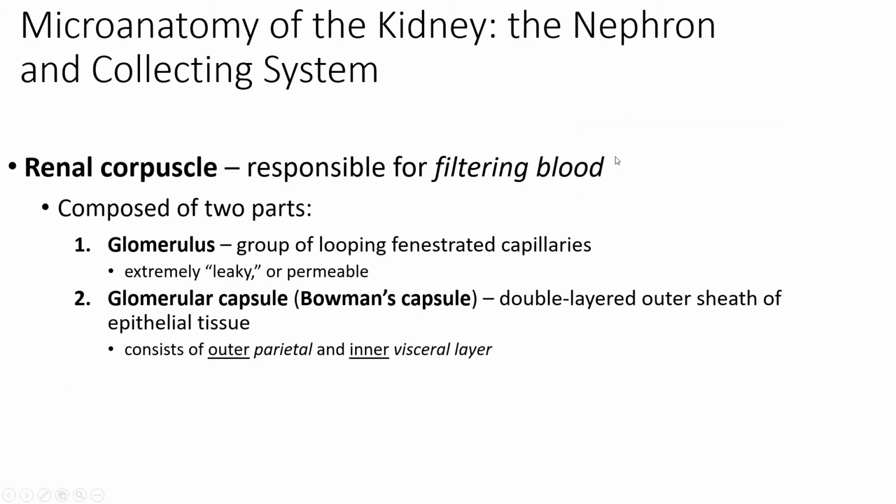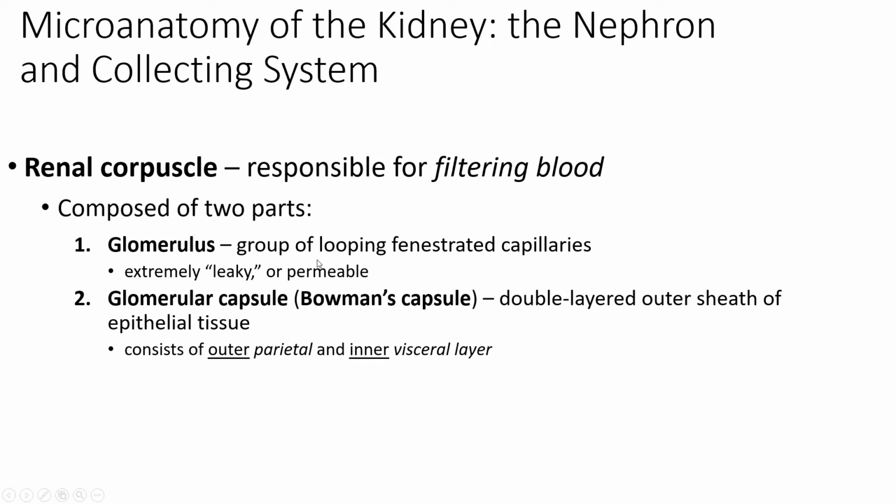And so we're going to now look closely at the microanatomy of the kidney, which is the nephron and the collecting systems. So the renal corpuscle is that globe-like structure which is responsible for filtering the blood. It is composed of two parts. You have the glomerulus, which is a group of fenestrated capillaries, which, as we remember, are extremely leaky.